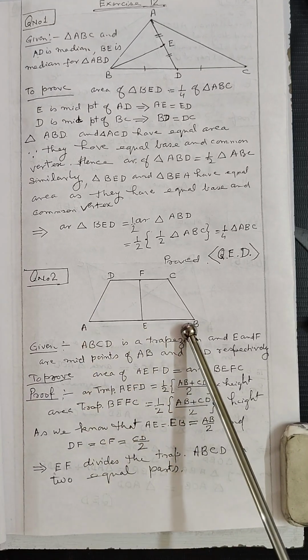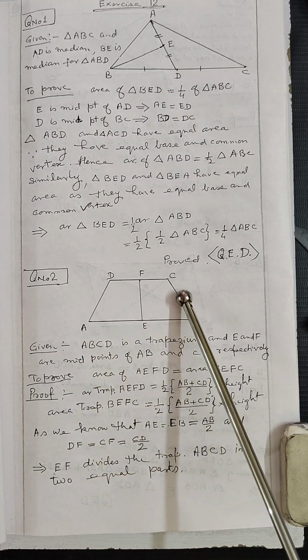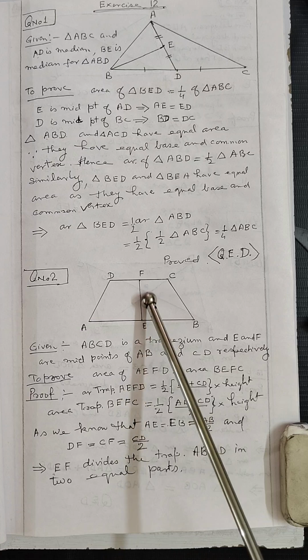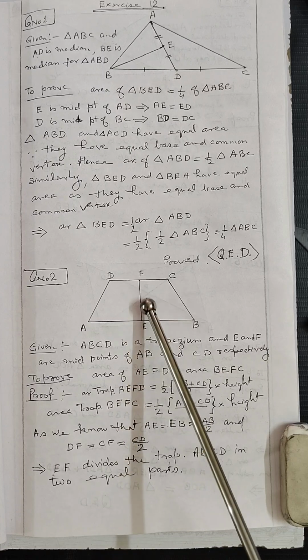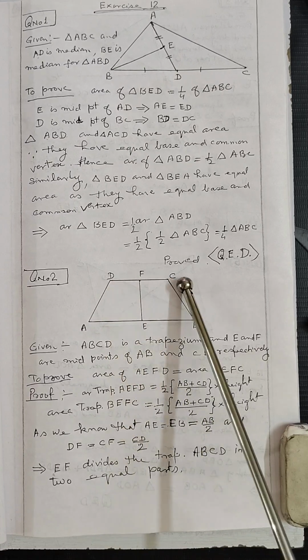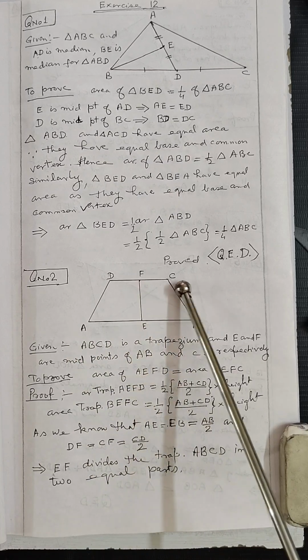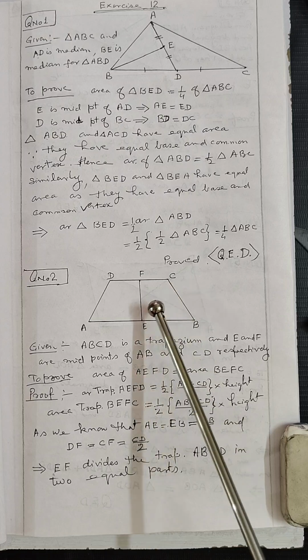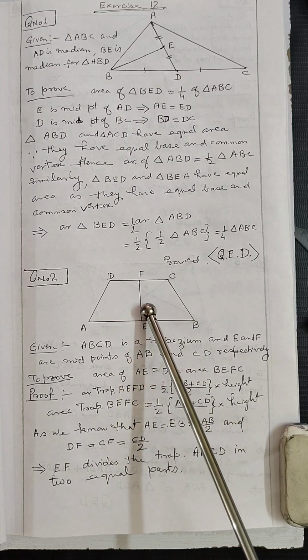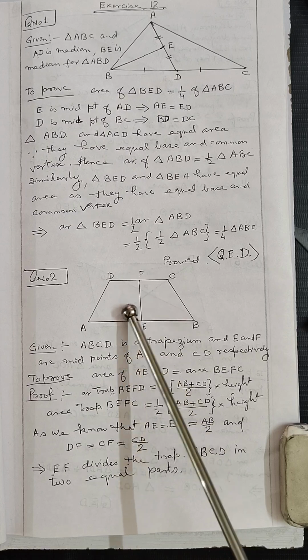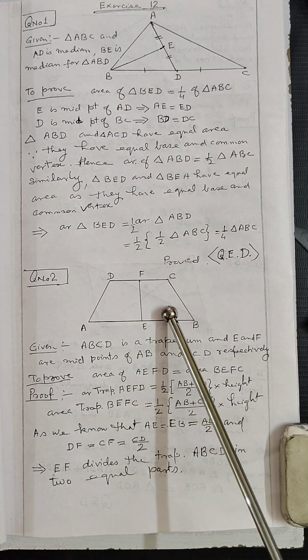ABCD is a trapezium where AB is parallel to DC. And E and F are the midpoints of the parallel sides. Means E is the midpoint of AB and F is the midpoint of CD. We have to prove that the line joining the midpoints, means EF, divides the given trapezium in two equal parts.